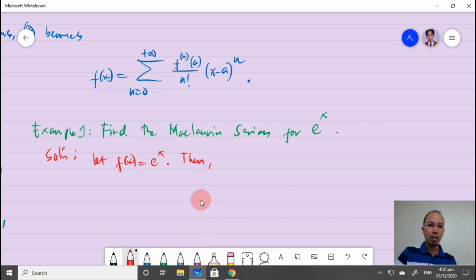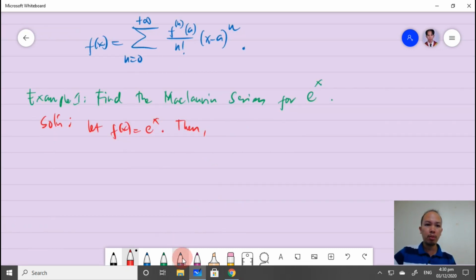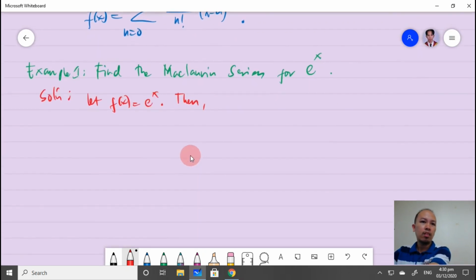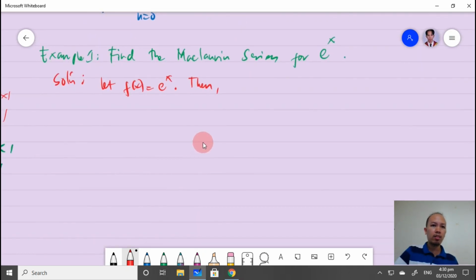Let's write the first definition, f of x is e to the x. The first derivative of e to the x is of course e to the x.